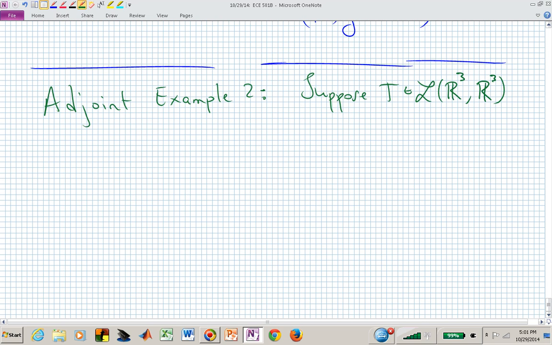And suppose that we're given that T of x, y, z is 2x plus y, 3x, and 4y minus 3z. And we want to find the adjoint map of T.